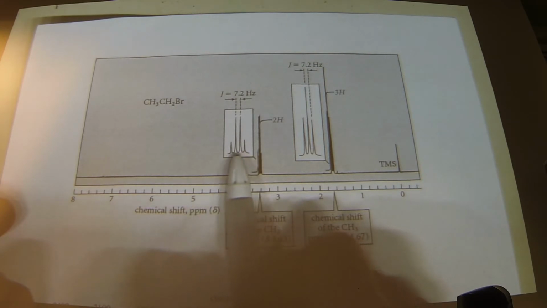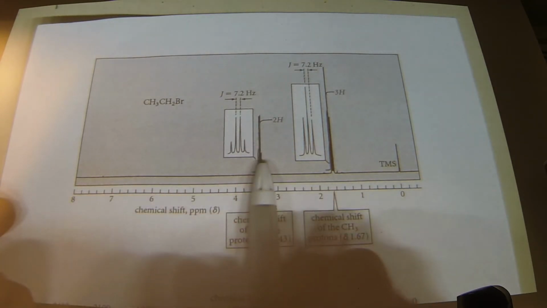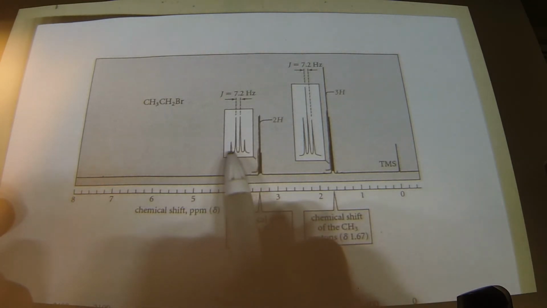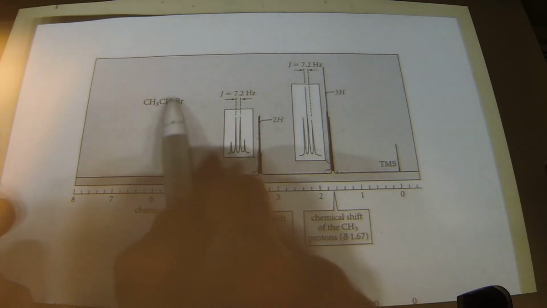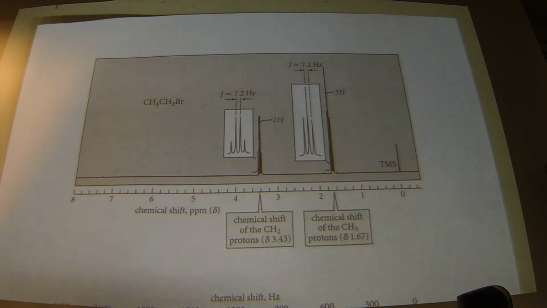But what this is telling you is that these two protons, which are represented by this peak, lead to a peak here, and one a little bit more shielded, and one a little bit more shielded, and one a little bit more shielded. So something weird is going on, because these two protons don't absorb at only one frequency.